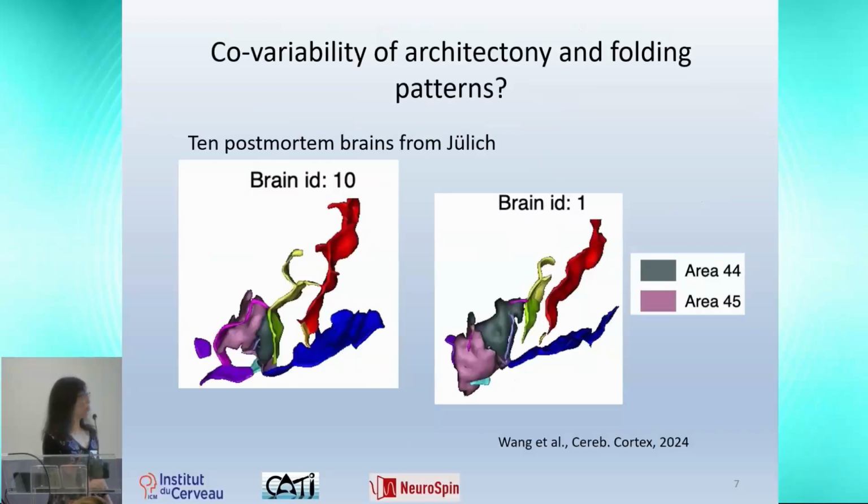There was a collaboration between the group in Neurospin and the Yiddish brain group, and a great work tried to map the brains of the Yiddish brain onto the sulcal folding. Despite the variability, there are some results that show that, for example, if you look at area 44 in the brain at the left, it's right next to the inferior precentral sulcus.